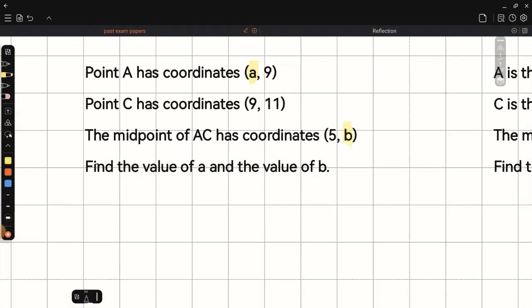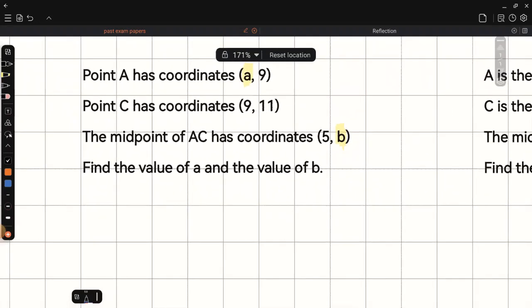So the y coordinate of the midpoint is also unknown, and we are asked to find the values A and B. Okay, so to do that, I will be using the formula for the midpoint. Let's start.